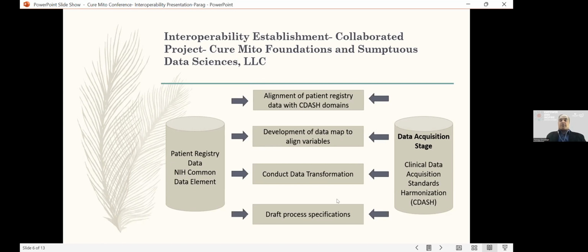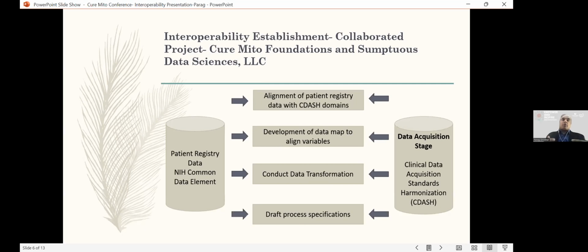The second part is development of a data map to align the content of the data, which in data language we call variables. Third is conducting the data transformation, actually having the code to convert the registry data into CDASH. And the last part is drafting the process specification.